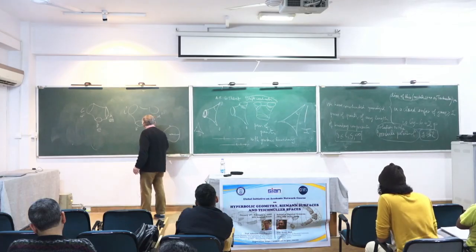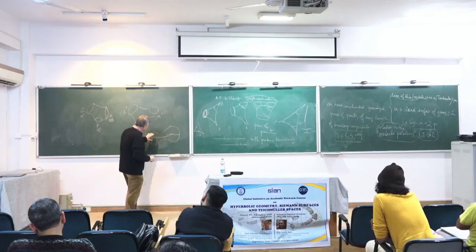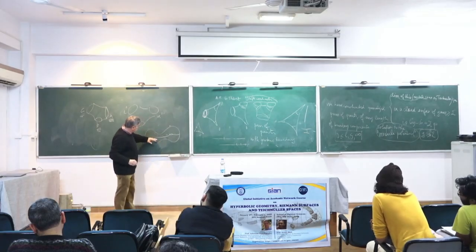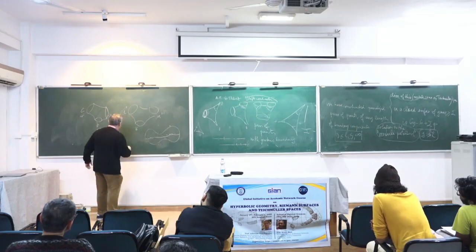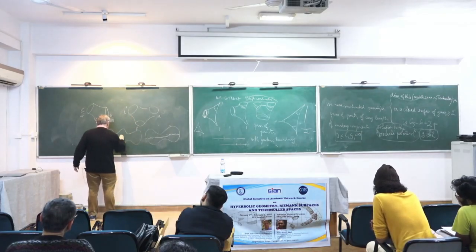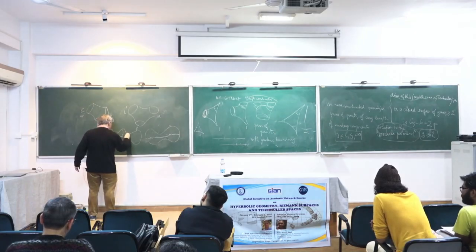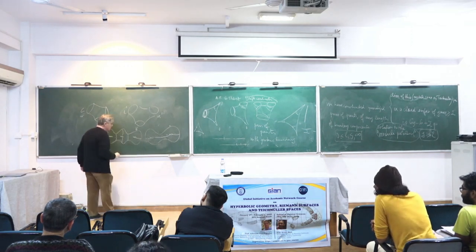So let's say these are the two pairs of pants. One is above, one is below, and then I can continue for surfaces of genus 3. So this is one pair of pants, this is one pair of pants, this is one pair of pants, and this is one pair of pants.